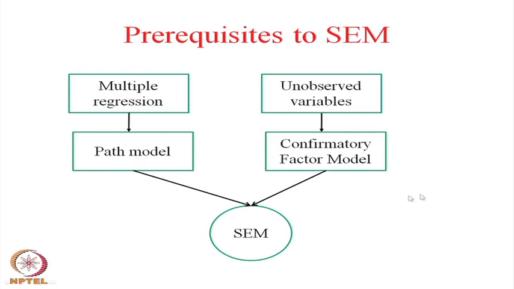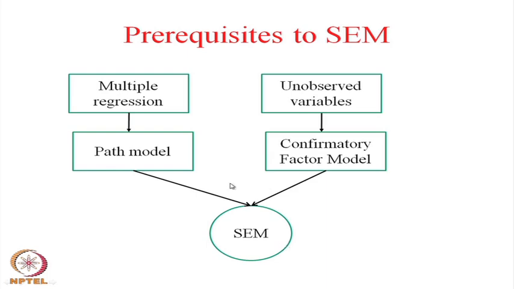You must know the confirmatory factor model, whose prerequisite is the exploratory factor model, so that unobserved variables can be measured through the exploratory factor model. We have already discussed the difference between confirmatory and exploratory factor models. So, if you know the confirmatory factor model and the path model, which is basically the structural model, then you will be able to apprehend structural equation modeling.